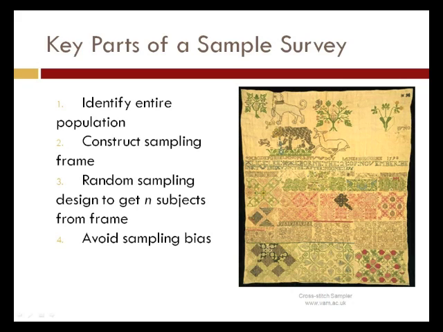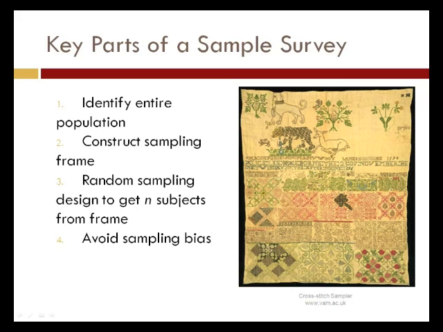But in an ideal situation, to do a simple random sample, that's what you would be able to do. And then you want to use a random sampling design to get N subjects from your sampling frame. And N is your sample size here, by the way. We will use N to represent the sample size all of the time.